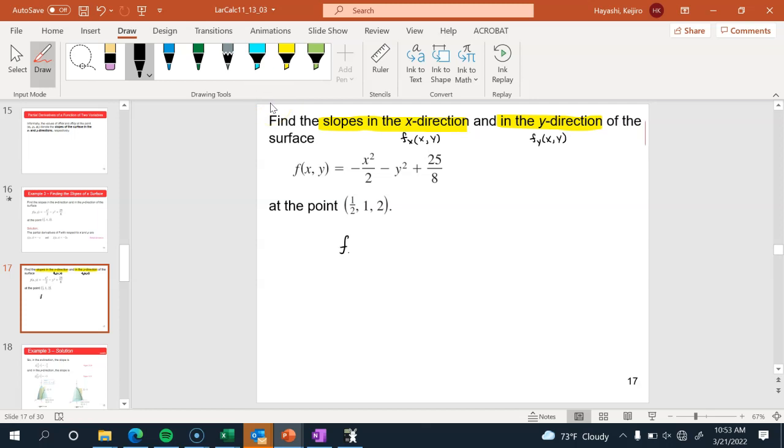So, the partial derivative with respect to x is, well, the only x is here, so the derivative with respect to x of negative x squared over 2: throw that 2 in the front, it cancels with the 2 on the bottom, and you will have negative x.